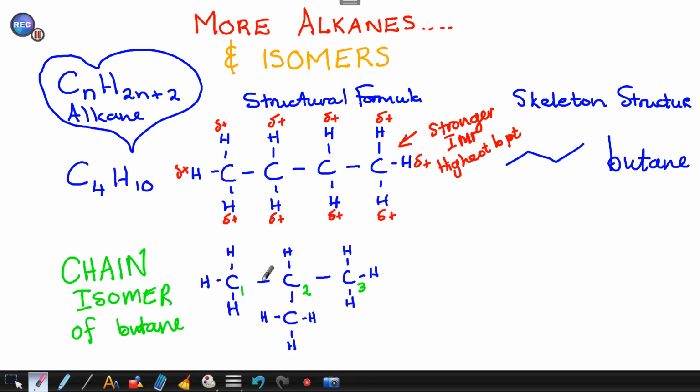Because it doesn't matter whether I go straight across, whether I go down around the corner. I won't find anything longer than 3 consecutive carbons in the chain. I can even start from the right. 1, 2, 3. It doesn't matter. I'll only get 3. I can start from this side.